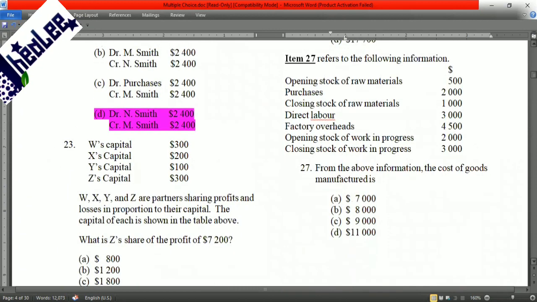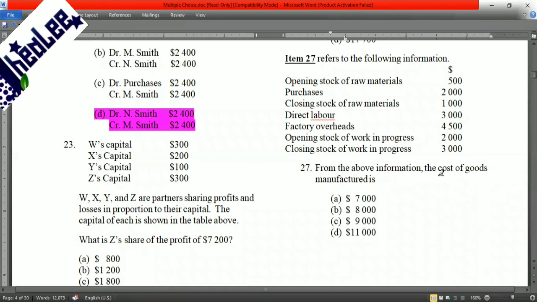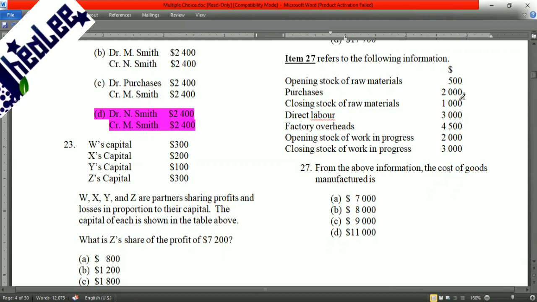Number 27 refers to the following information. And from the information above, the cost of goods manufactured is, so they asked me to ascertain the cost of goods manufactured. Now, in order to calculate your cost of goods manufactured, it would have been your manufacturing account knowledge that you're using. We have opening stock of raw materials, so that we're going to add our purchases.